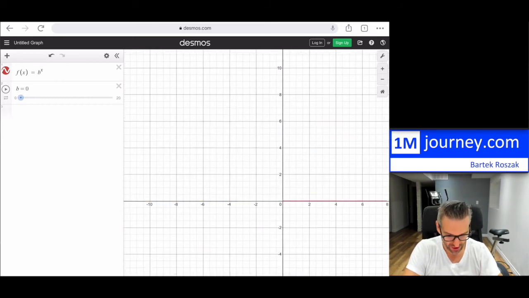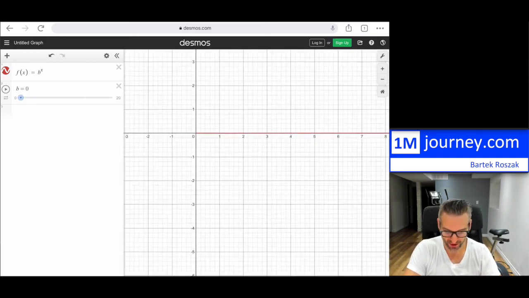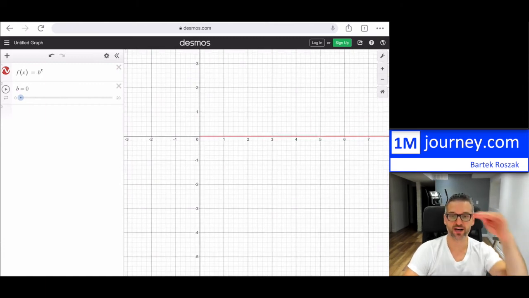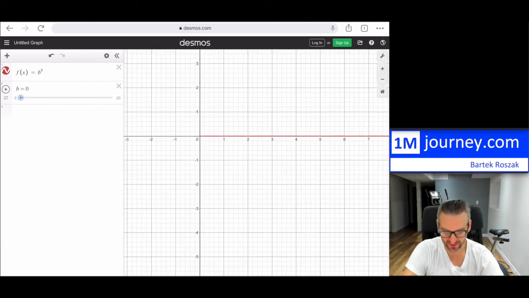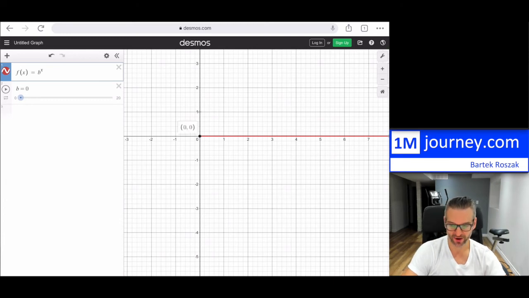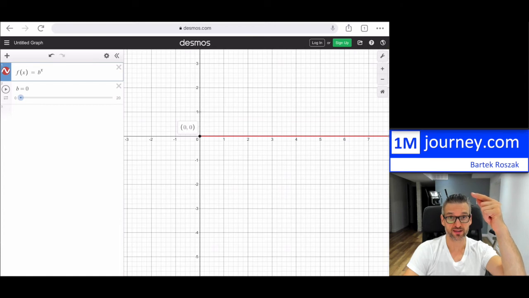All right. So what you will notice is that your graph is on the positive side, 0, but it's not on the negative side. Okay. So here it's all zeros as you're going across, but it's not on the negative side. And that is because if you have negative exponents, that 0 starts to appear in the denominator, and we get undefined results.